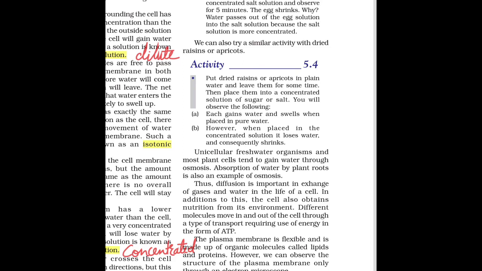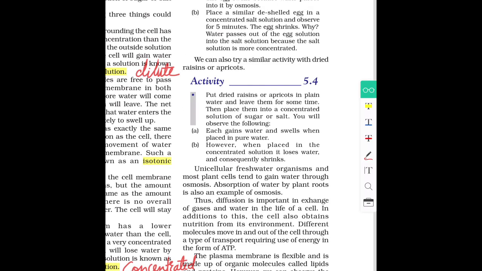Different molecules move in and out of the cell through a type of transport requiring energy in the form of ATP. Earlier, I had mentioned that diffusion is a passive transport process, but here, because you need energy, it is an active transport.